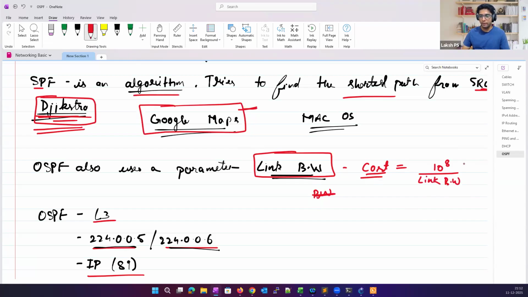This 10 power 8 is called the reference bandwidth. So 10 power 8 divided by the link bandwidth will give us the cost.